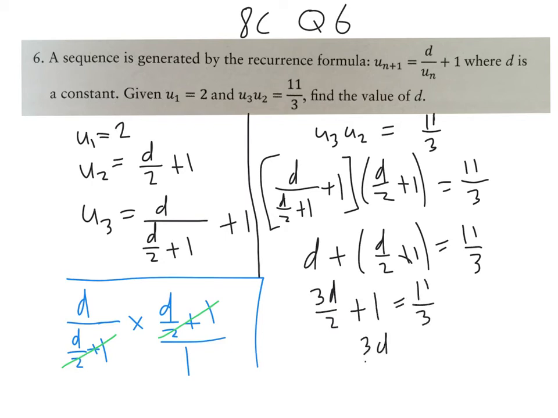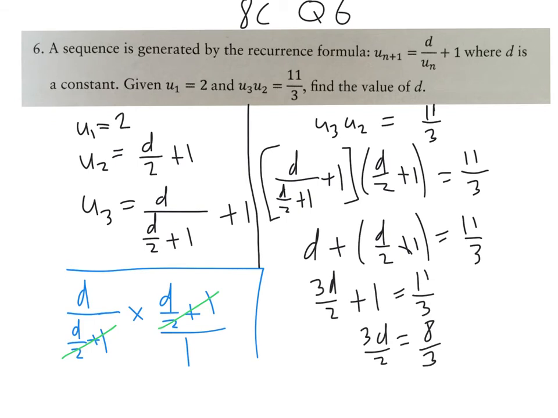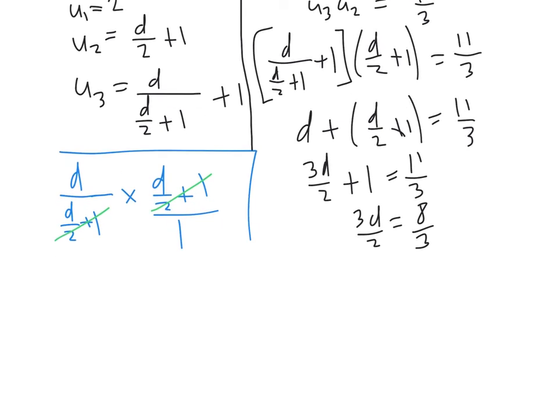So 3d over 2 would be, take 1 off that, which gives you 8 thirds. At that stage, you cross multiply, get 9d equals 16, so d is 16 over 9. It doesn't simplify, but you could write that as 1 and 7/9.